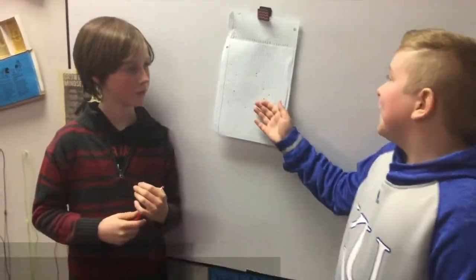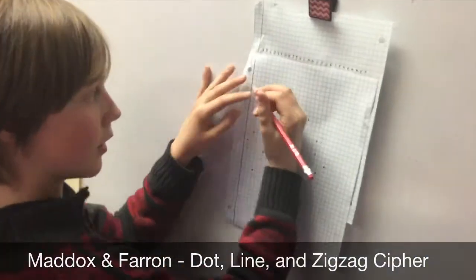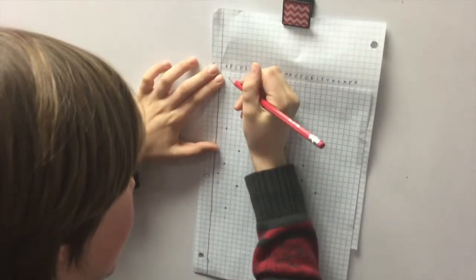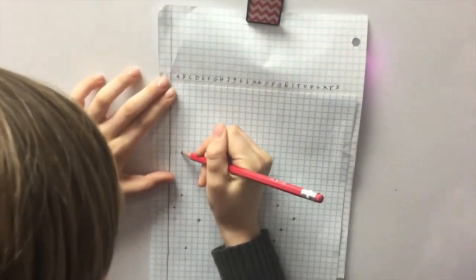This is the dot cipher. How it works is you go down, you find where you want to start, you put a dot.